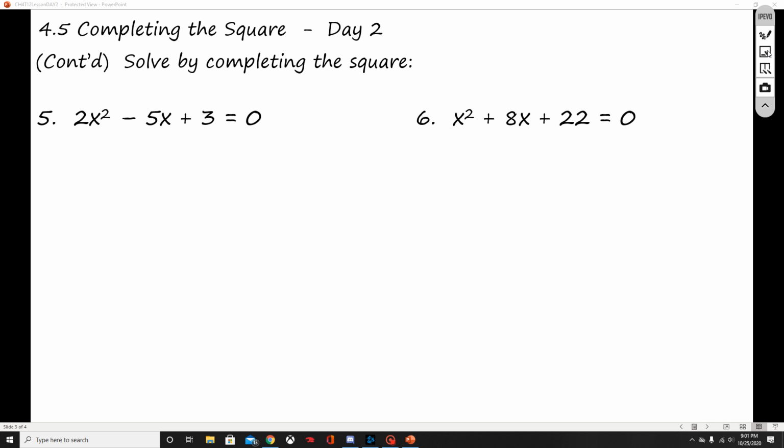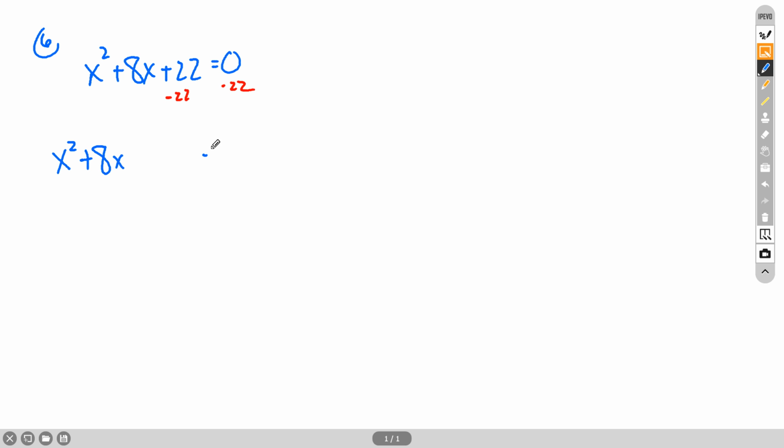Alright, number 6. X squared plus 8x plus 22 equals 0. Okay, this one's kind of easy. Well, the a value is 1, so no problem there. We can put the 22 on the other side, so we're going to have x squared plus 8x, and on the other side, I've got negative 22.